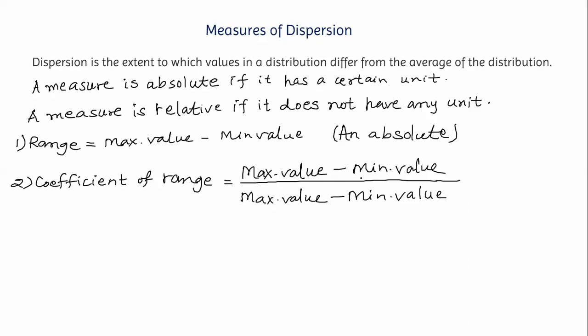So in that case, 100 kilogram minus 40 kilogram, sorry, in denominator there is plus, then the numerator will be 60 kilogram and denominator will be 100 kilogram plus 40 kilogram, 140 kilogram. So that is 60 upon 140, kilogram will cancel, and this is a relative measure of dispersion. Now, these are very simple and comparatively less useful.